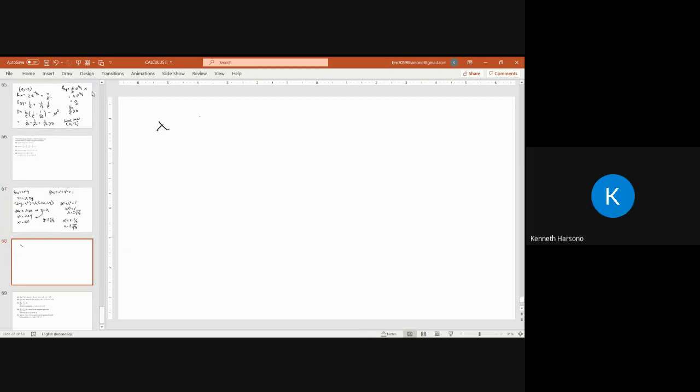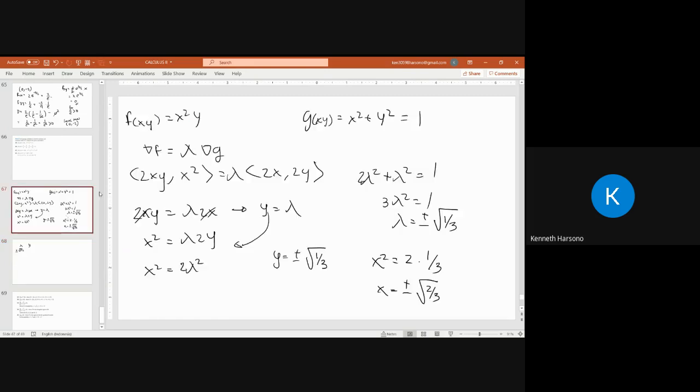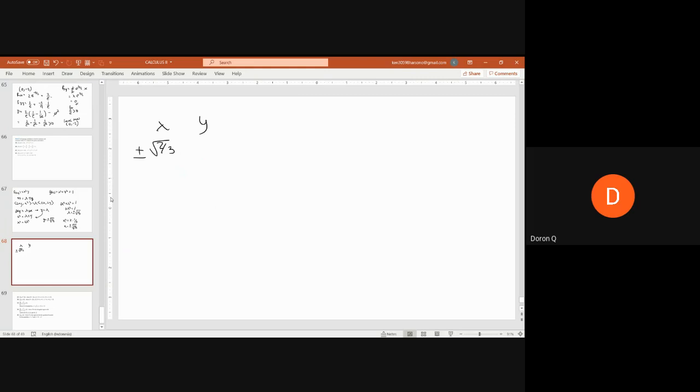So x can be plus minus, right? Because our function has x squared, so it doesn't bother with the sign here. And y can be plus square root of 1 over 3 and minus square root of 1 over 3.